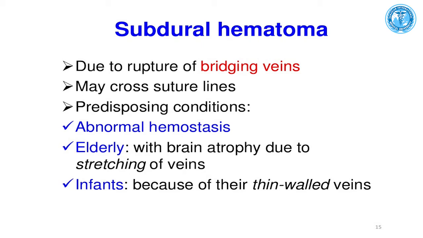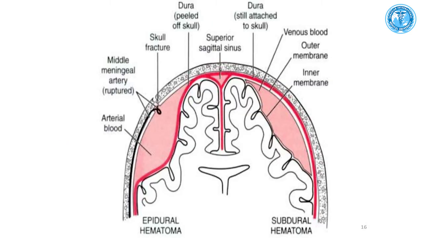Predisposing conditions: abnormal hemostasis, the elderly with brain atrophy due to stretching of veins, and infants because of their thin-walled veins. In this slide you can find the difference between epidural hematoma and subdural hematoma.